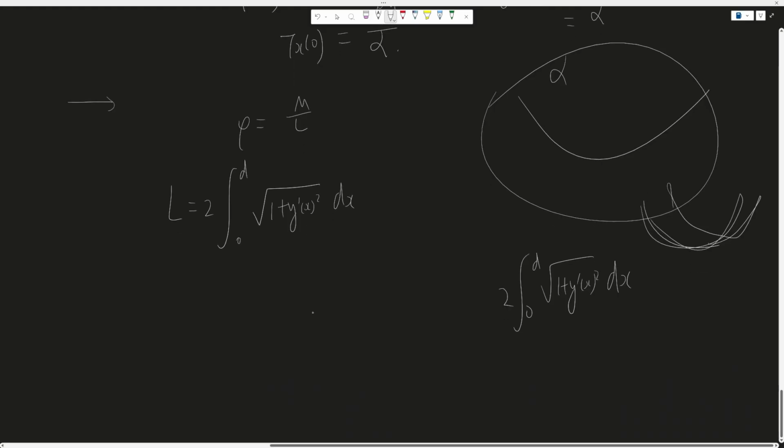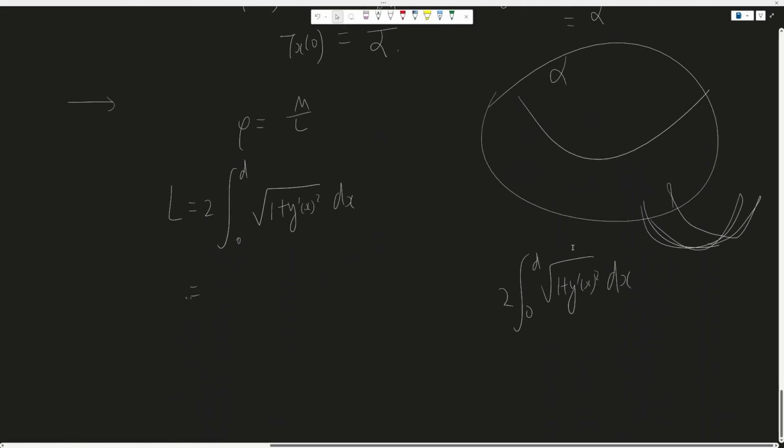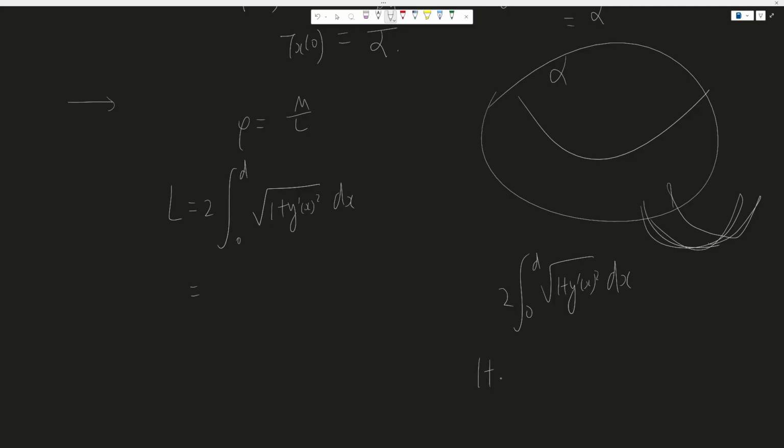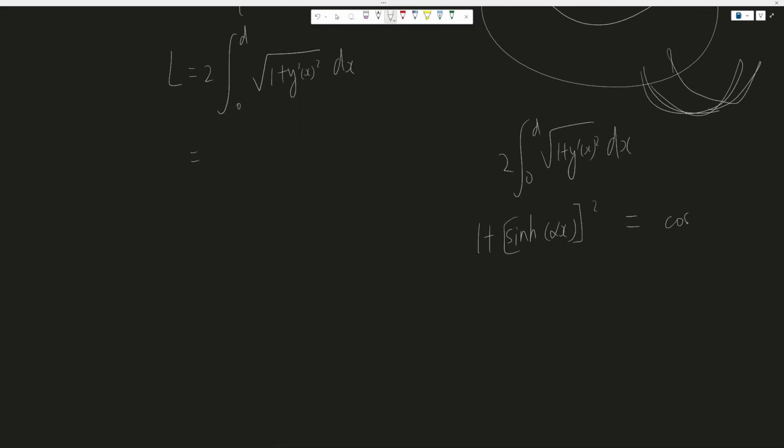And so now we have, because we know y prime is hyperbolic sine alpha x, so then we also know that 1 plus hyperbolic sine of alpha x, whole thing squared, equals hyperbolic cosine alpha x squared. So then this thing becomes the integral from 0 to d of 2 times the square root of hyperbolic cosine alpha x squared dx.